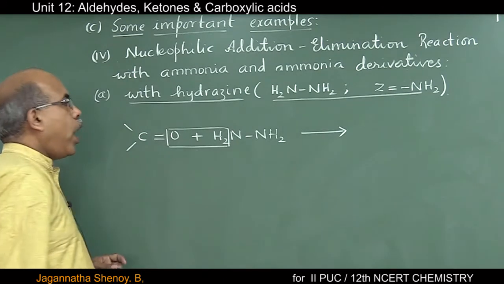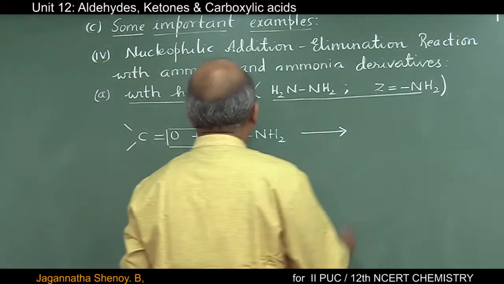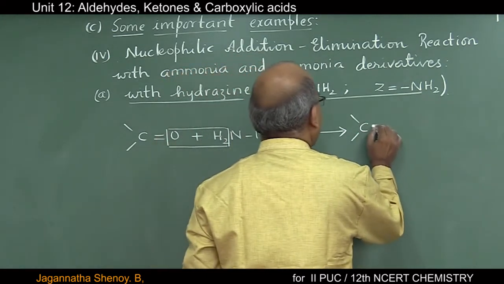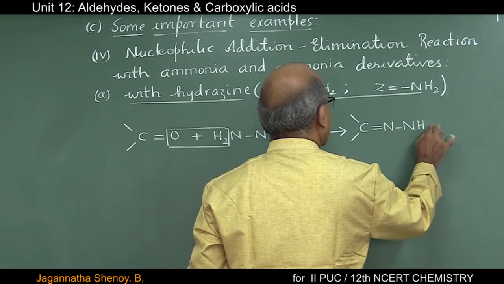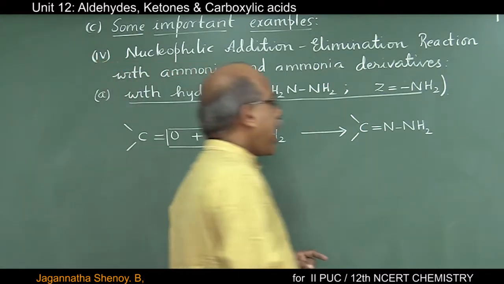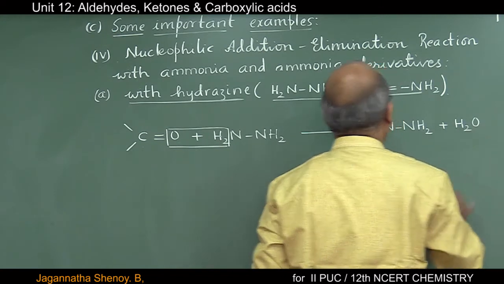The oxygen and two hydrogens will go. So this results in the formation of carbon double bond N, single bond NH2. And what else is formed here? H2O is formed.